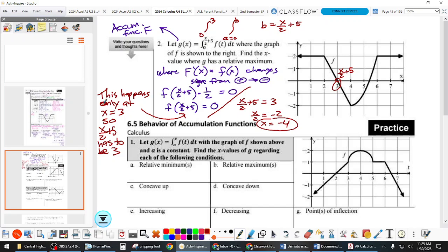I think I know where you're coming from. You're trying to say now our upper limit is -4 or something. Is that kind of what you're saying? I don't know, it's just weird how the x of our relative maximum changed. Yeah, because b changed. This x is not an x coordinate on the x-axis.